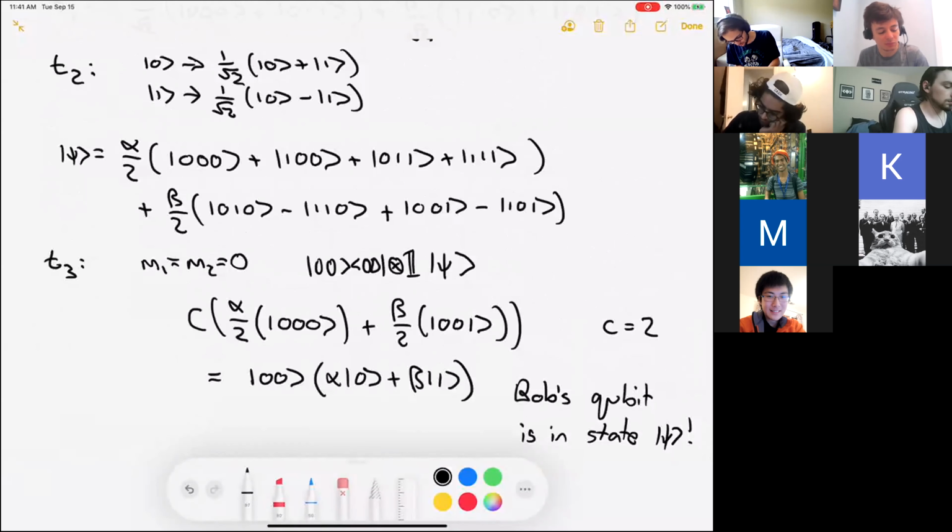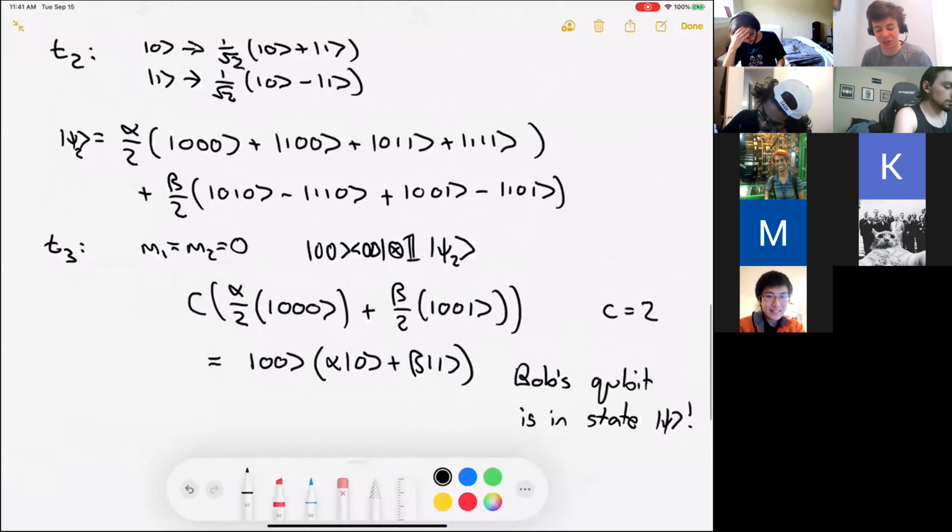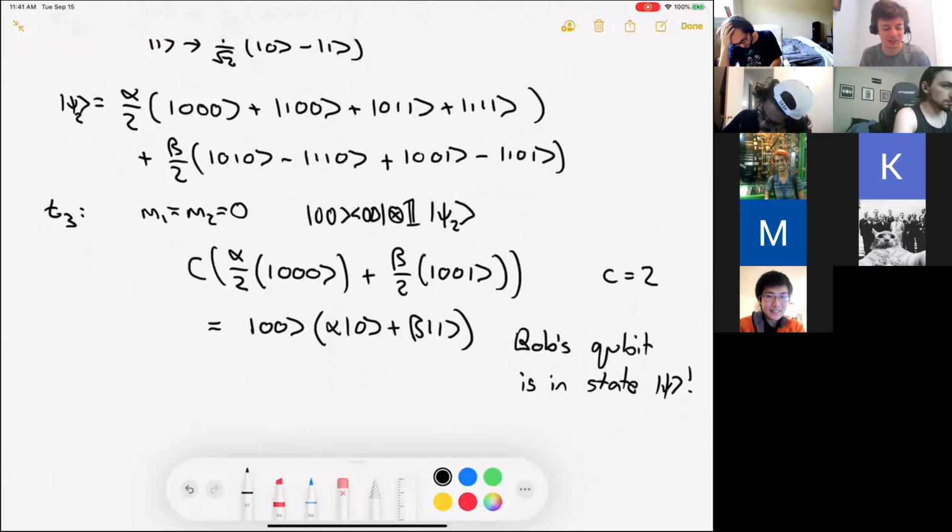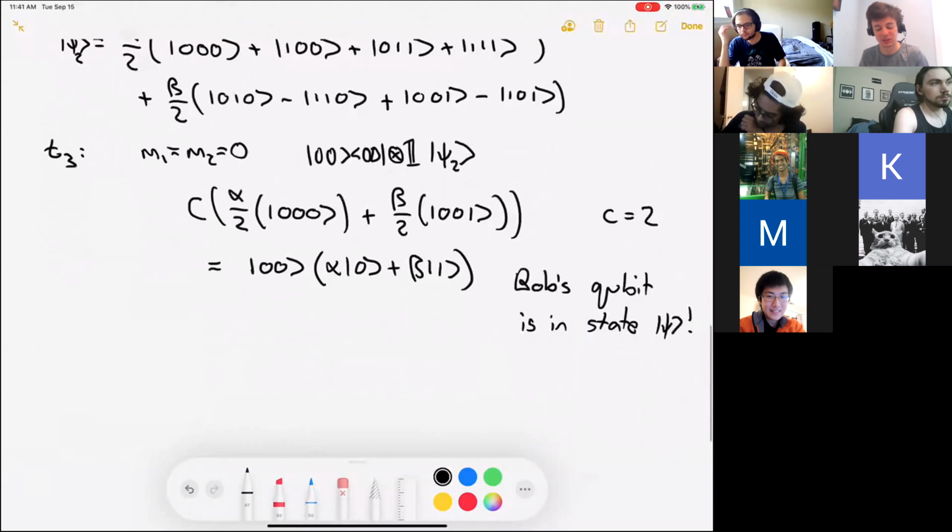Call this whatever. I'm just overloading my notation and calling too many things psi, so I decided to clarify which ones are different.